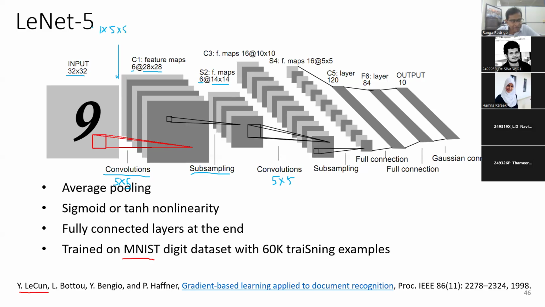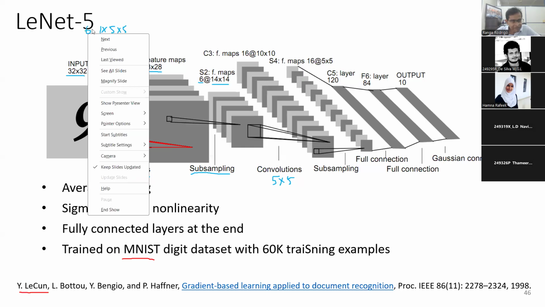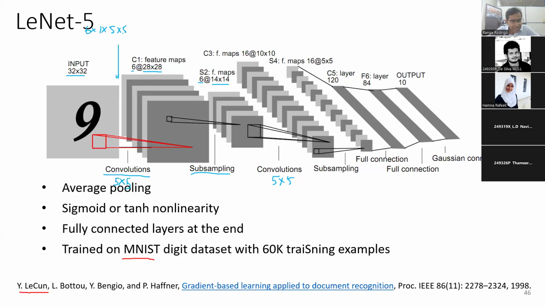How many of them? 6 of them. And because of 6, there must be biases, 6 biases. So you can write this as 25 times 6 plus 6 is 156. 156 learnable parameters. No learnable parameters in the subsampling, so I'll write 0 here.